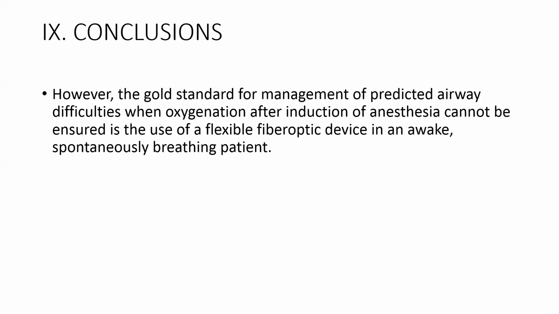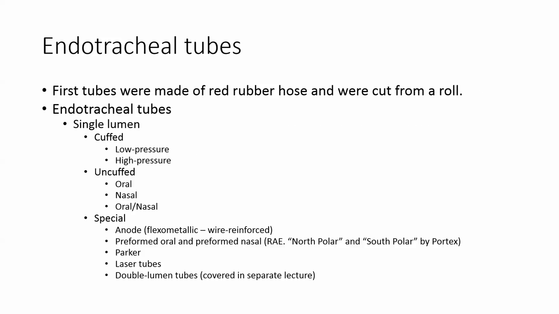Now, changing topics, moving on to endotracheal tubes. First, I'm going to bring to your attention that the first endotracheal tubes were made of a red rubber hose and were cut from a roll. They were pretty irritating, in fact.